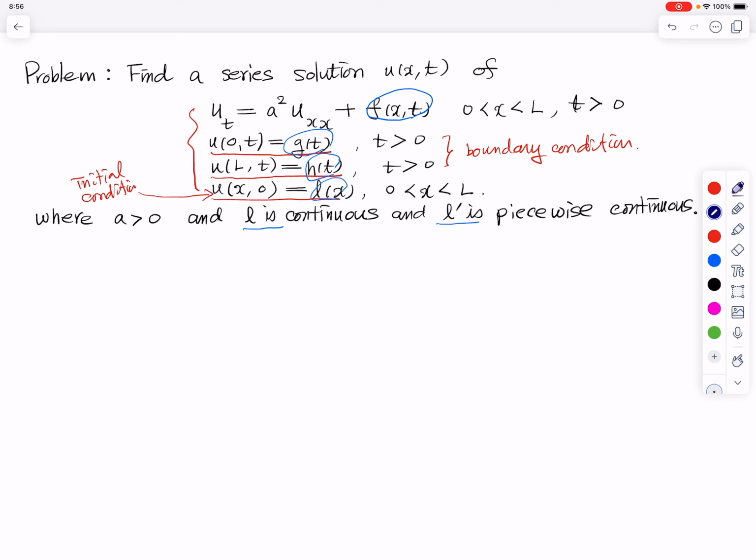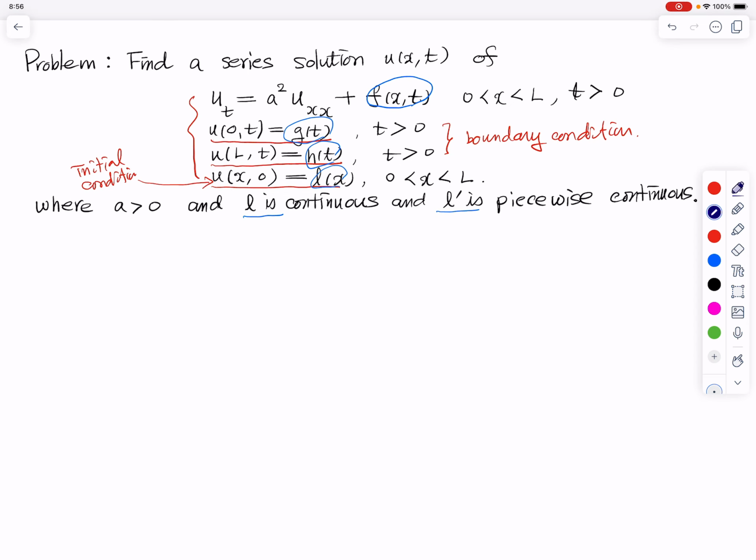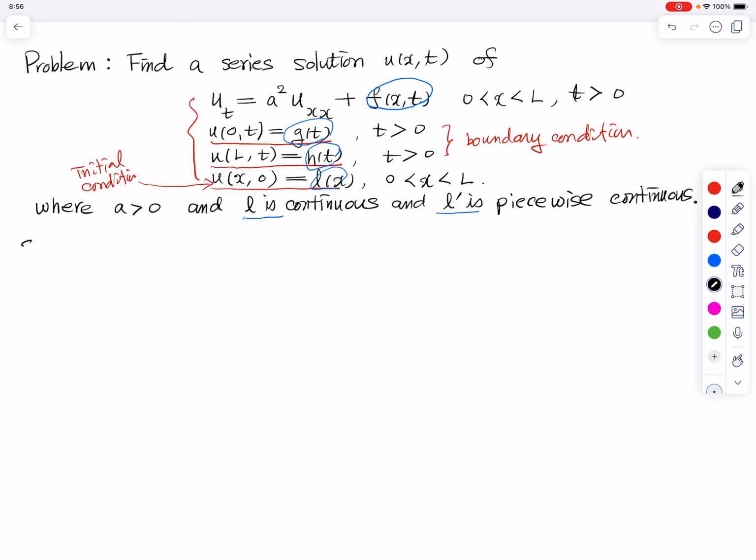Okay, so what is step one? We're trying to get a solution of this. In order to get the form of a solution, we need to look at a very simple case. Step one is the case where the function f is 0, g equals 0, and h equals 0.